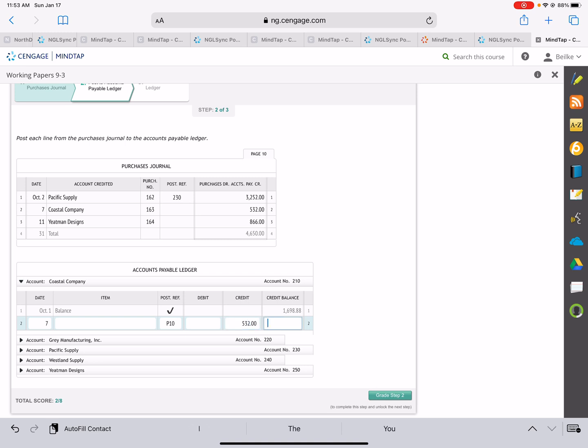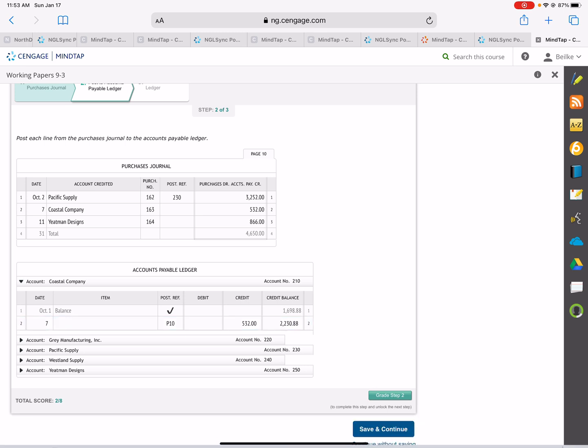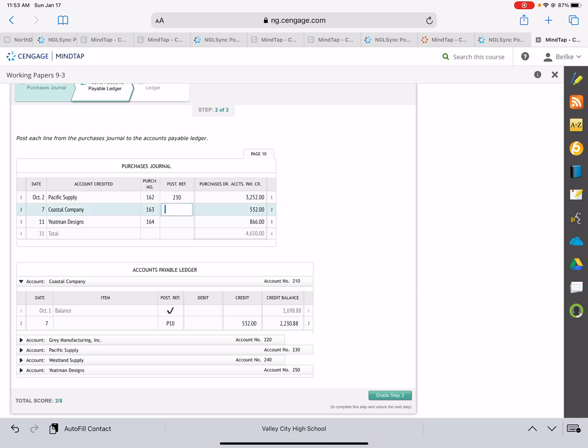We have a balance already there, so we will add those two together, a credit plus a credit. When we add them together, we come up with $2,230.88. Oops, I forgot the decimal. And the last step is to go up into our post reference and write 210.